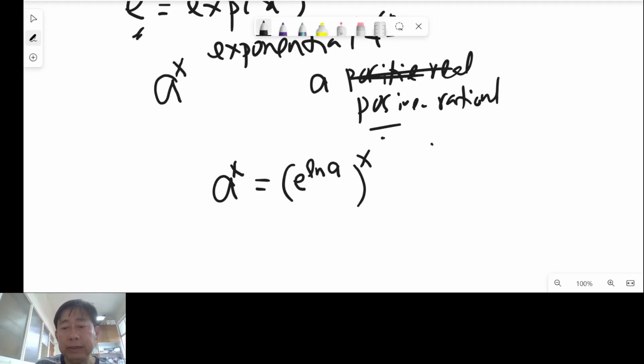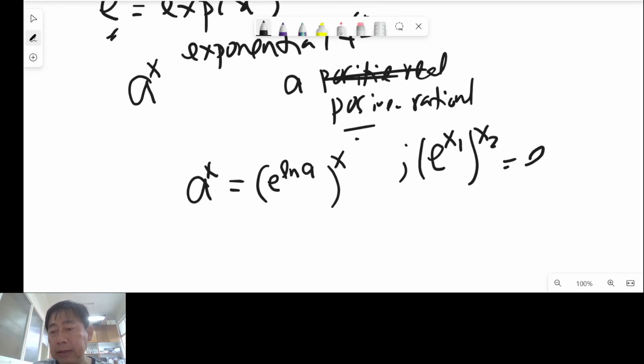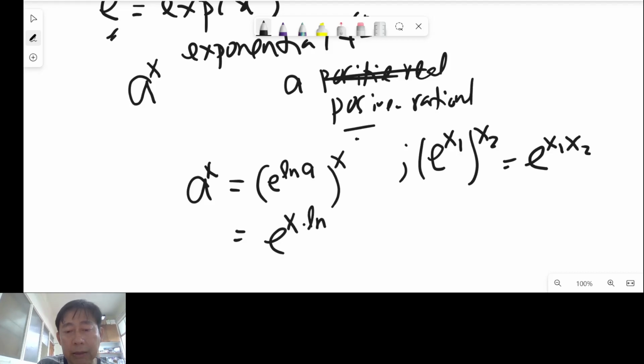Then we also understand from the previous discussion in this first part of the lecture, if you have e to the power x1 raised to the power of x2, this is the same as e to the power x1 times x2. So this is then equal to e to the power of x times ln a.